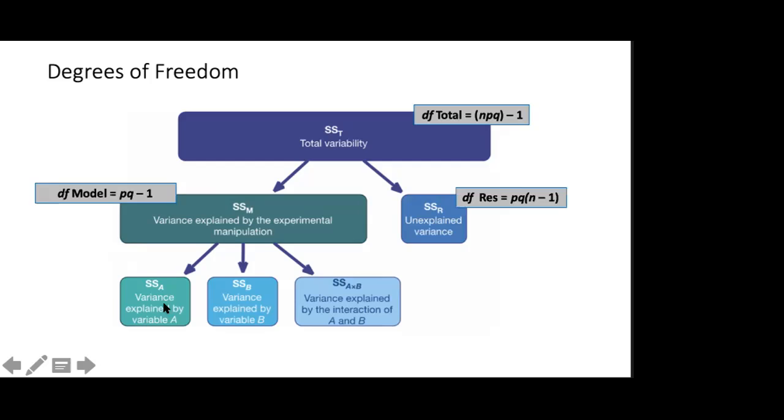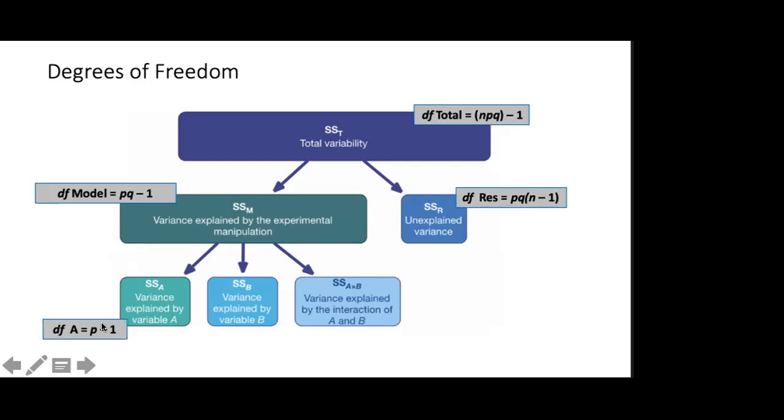And for our residual degrees of freedom, it's the number of cells, so the number of factor level combinations, times the number of observations within each cell minus 1, right? Because there are basically deviations from the mean of each cell. So we're losing 1 degree of freedom for each cell by estimating the mean for it.